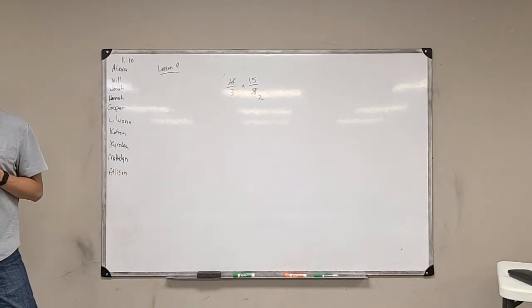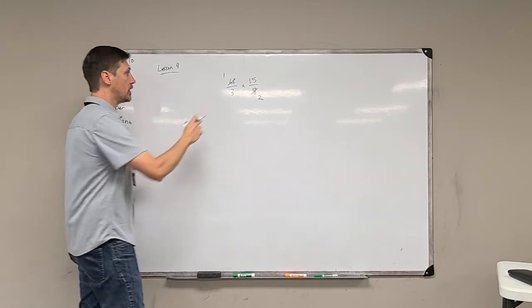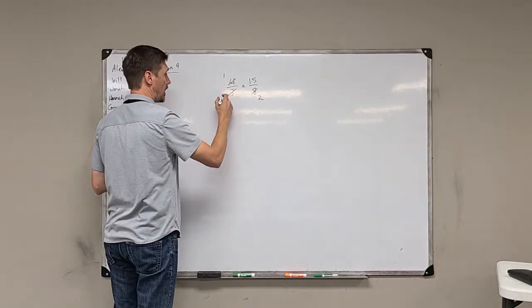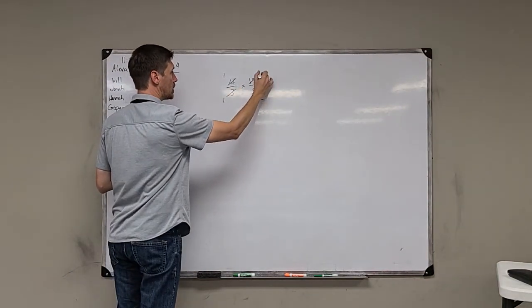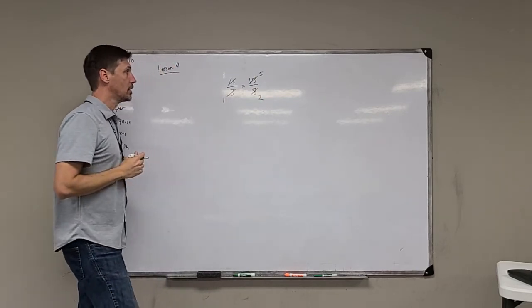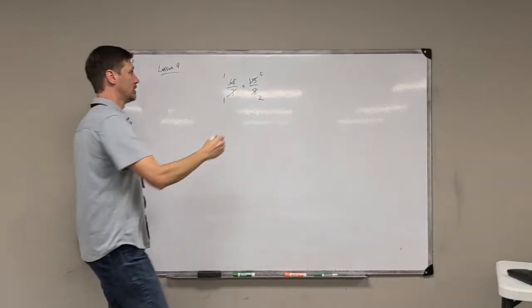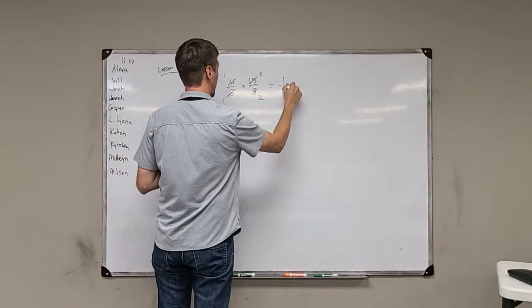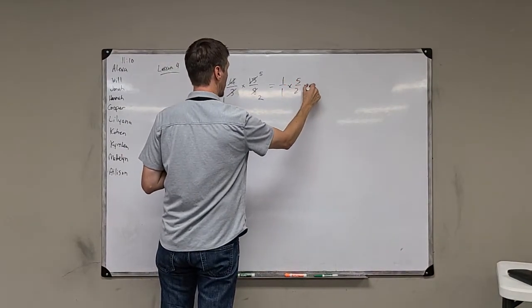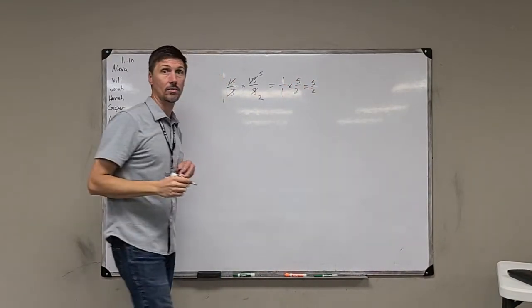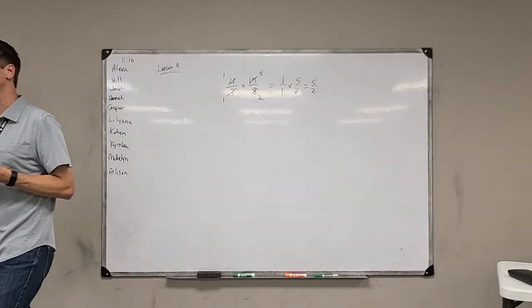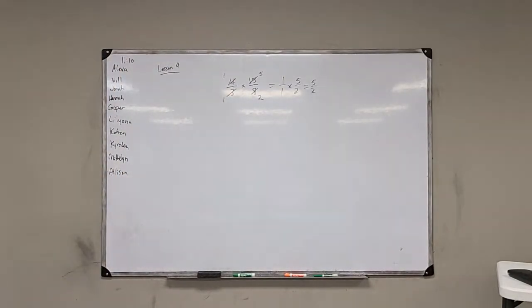These are both divisible by 3. So I'm dividing that by 3 to get 1. I'm dividing this by 3 to get 5, right? So now I have 1/1 times 5/2. This becomes super simple at this point. So my answer is 5/2. That cross reducing is really going to make that simpler for you.